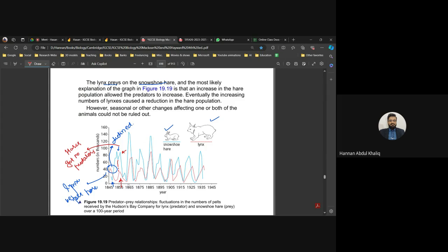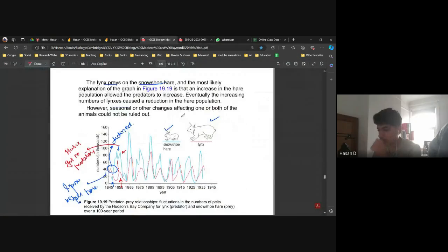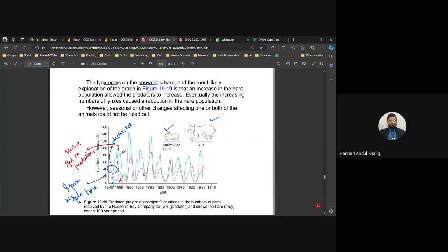Why? Because food is scarce, and the lynx are migrating from there to search for food. Got it? Now you can easily study the rest of the pattern on your own.